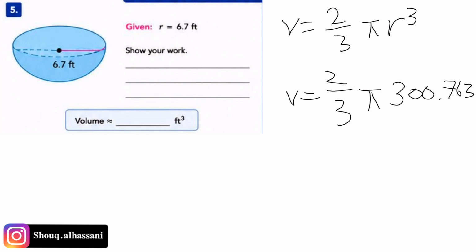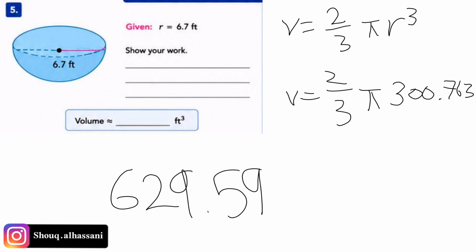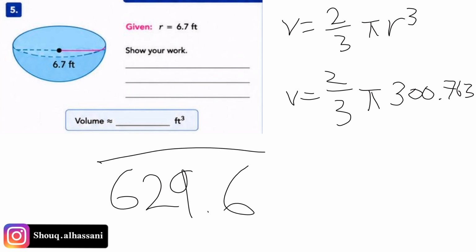So the answer will be 629.6. So this is the answer. Don't forget to put feet cube.